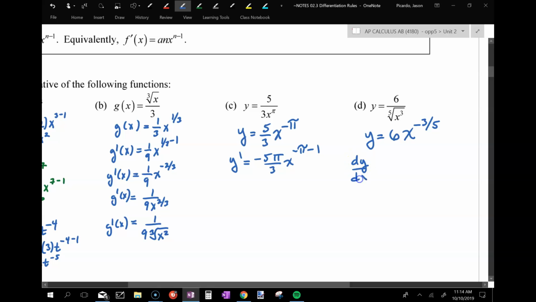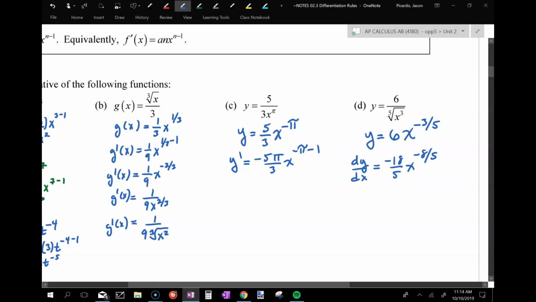So I'm going to write it as dy dx this time. No particular reason, just doing it because I want to. So negative 3/5 times 6 is negative 18/5. x to the negative 3/5 minus 1 is negative 8/5.